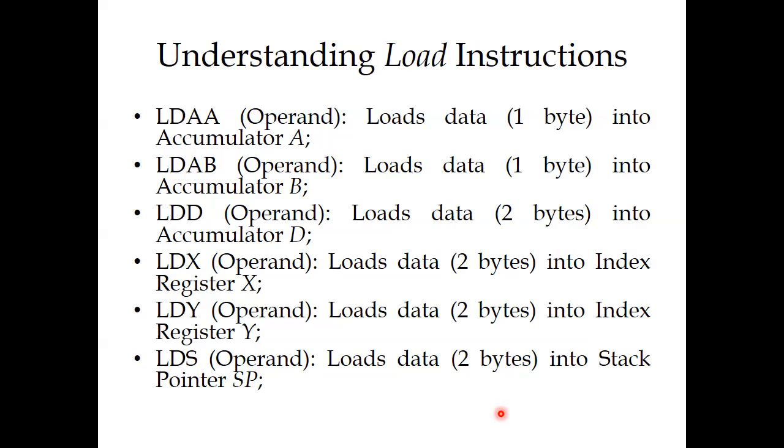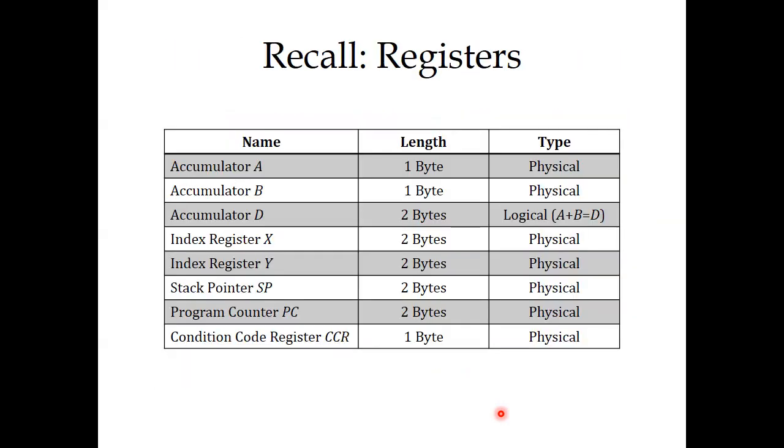Okay. All right. Let's recall that we have several registers, right? We listed those here in a little bit extended form. So here we have a list of all the registers that we will be using for this class. Remember, the registers themselves have a length, because some of the registers were 1 byte long and most were 2 bytes long.